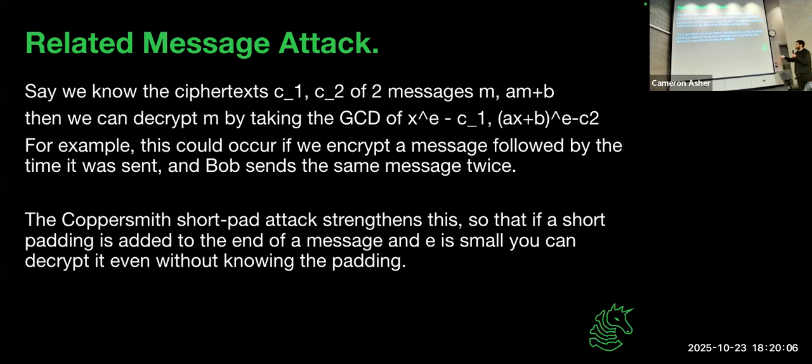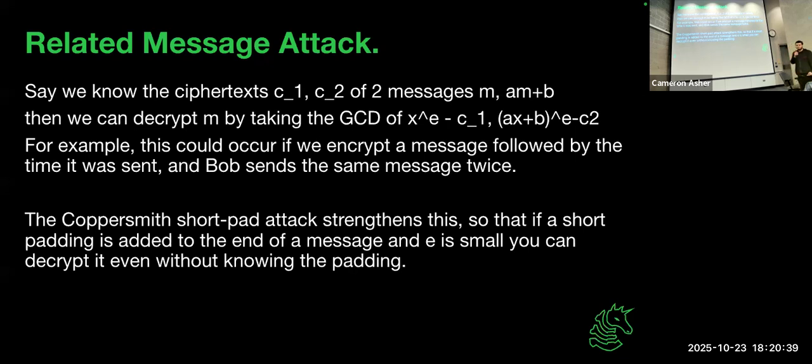So if the first message is x, and we send the second message and it's x plus b, for example, then (x plus b) to the e will encrypt to c2. So that means that it will also have m as a root. So we can take the GCD, and the GCD will probably just be x minus m, where m is the plaintext. So we got the plaintext.